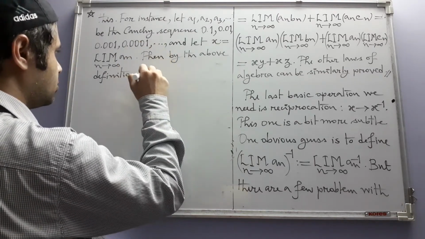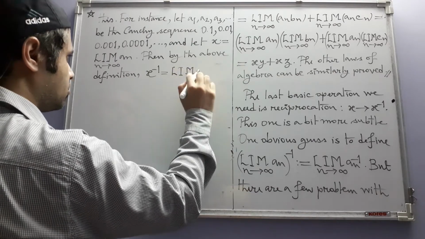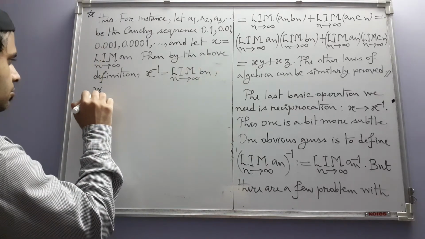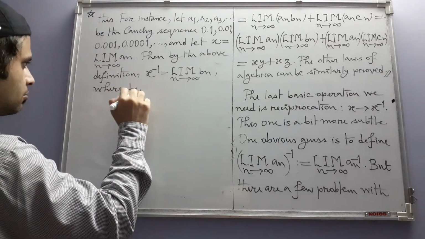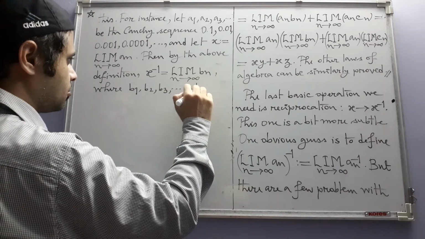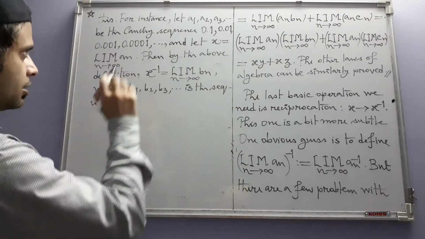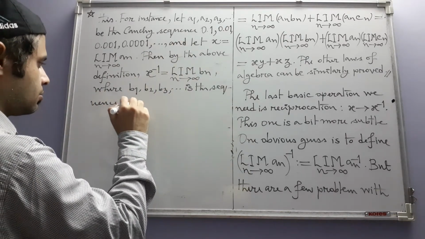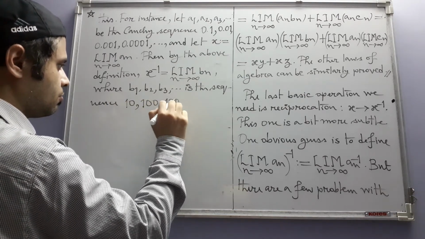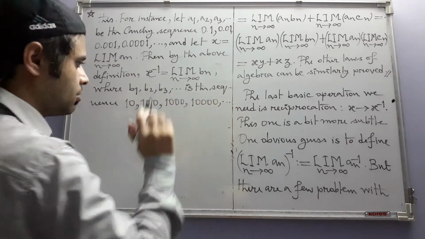By the above definition, x inverse is the formal limit of the sequence Bn, where B1, B2, B3, etc. is the sequence obtained by taking the reciprocals: 10, 100, 1000, 10,000, and so on.